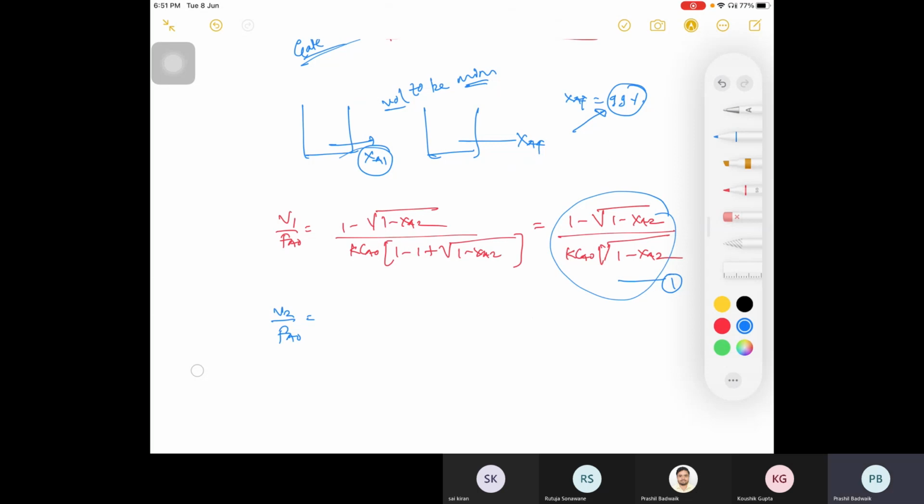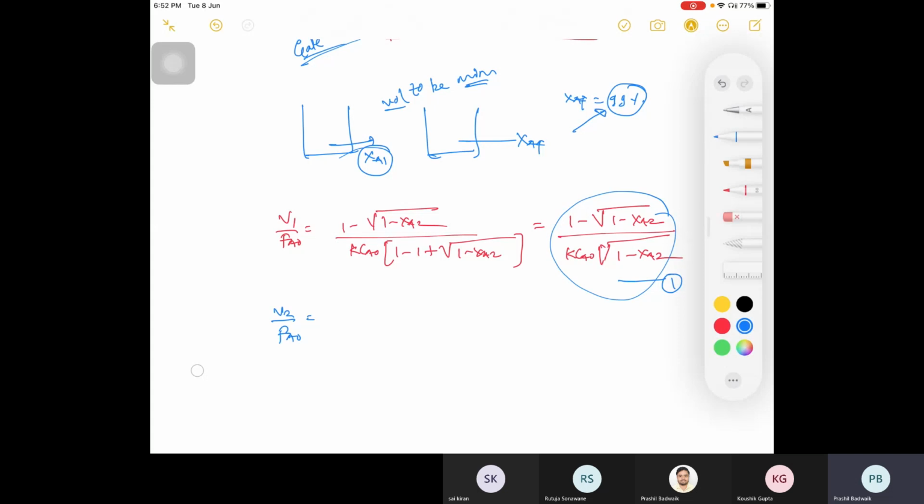Are you getting the answer? XA2 plus under root of 1 minus XA2 minus 1 divided by K CA naught (1 minus XA2). So have you substituted the XA1 value there? Yes, sir.